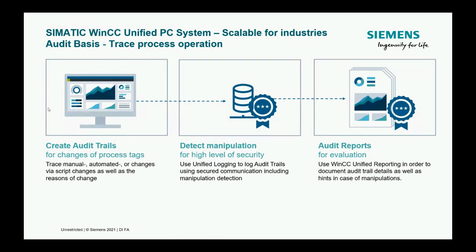We can detect manipulation of the logs, and we can indicate manipulation based on the logs. So if anyone's made any changes, we can indicate a change or a possible change, and we have the ability to report on the audit trail itself, and also include the potential manipulation of data with any audit reports that we produce.